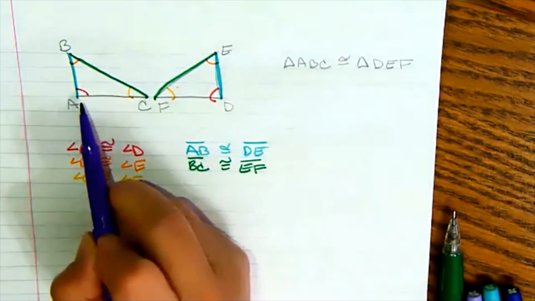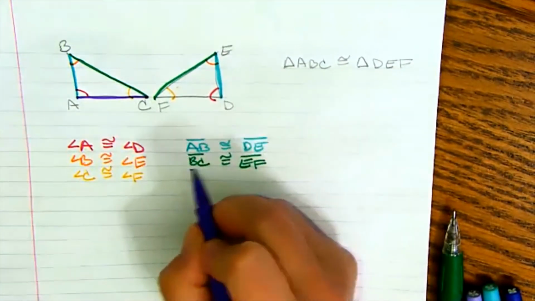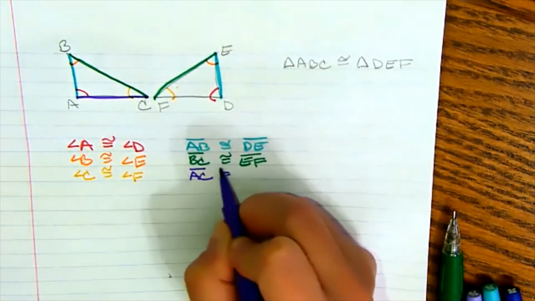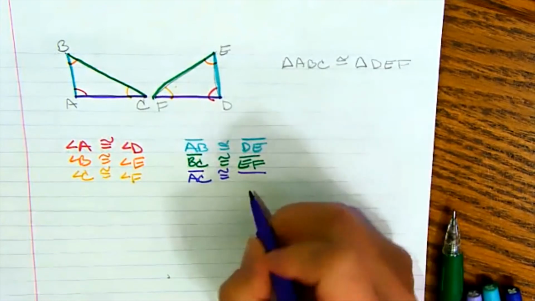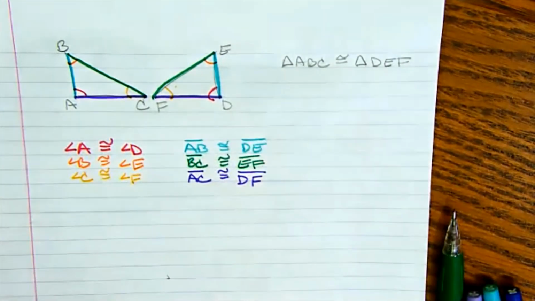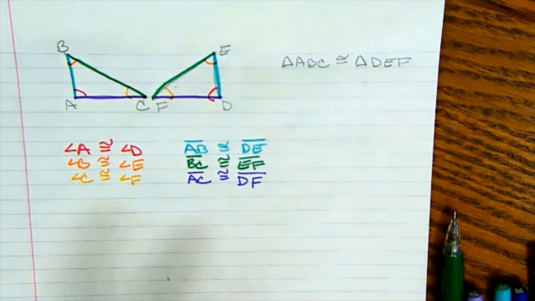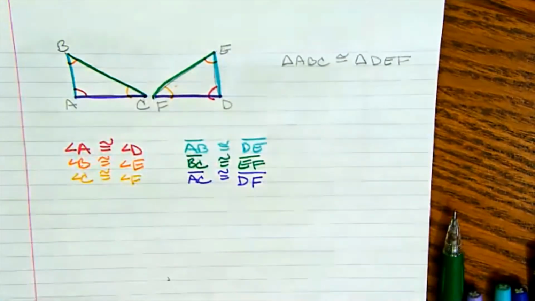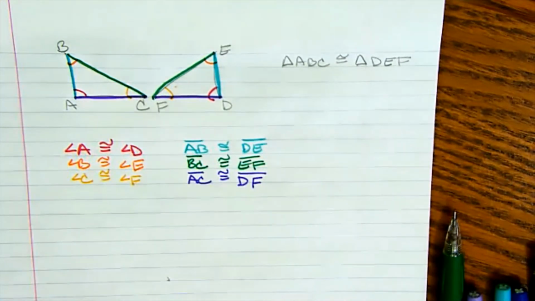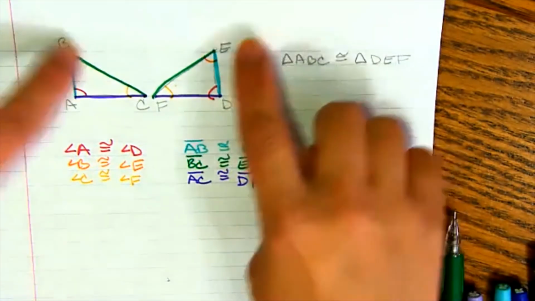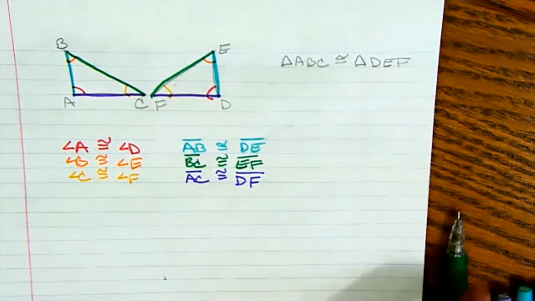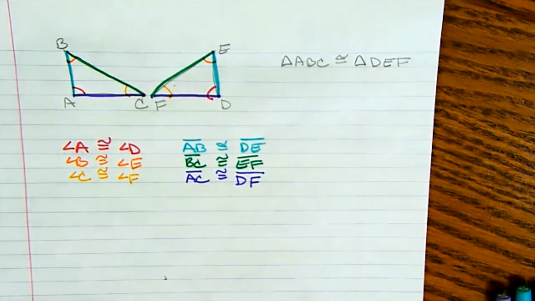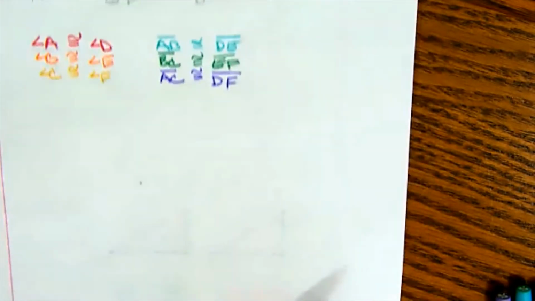And last but not least, side AC is congruent to side DF. So we still have two congruent triangles. They're just in different orientations, and it takes a little bit more work to find the corresponding angles and sides. Okay? So that takes us to our next example.